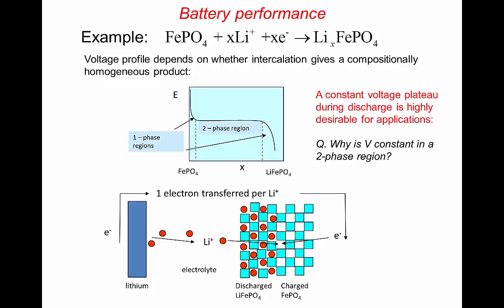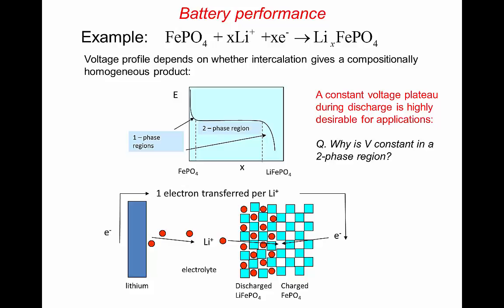And perhaps surprisingly, until you think about it, you don't want a gradual change in composition. What you want to have is a two-phase region in which you start off with FePO4 in the charge state and then form LiFePO4 product.